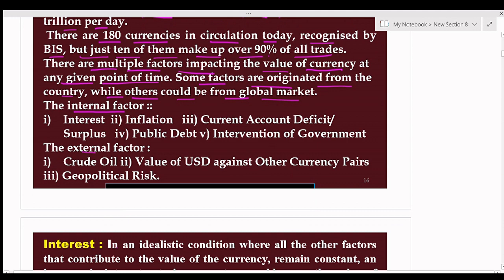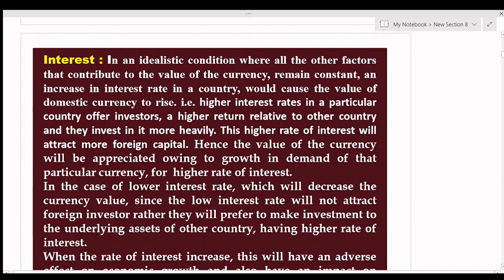Internal factors consist of rate of interest, rate of inflation, current account deficit or surplus, public debt, and intervention of government. External factors consist of price of crude oil, value of USD against other currency pairs, and geopolitical risks. I will discuss in brief all the factors, internal and external.